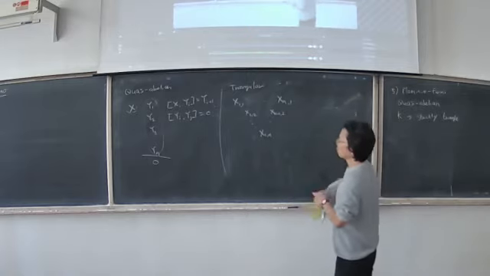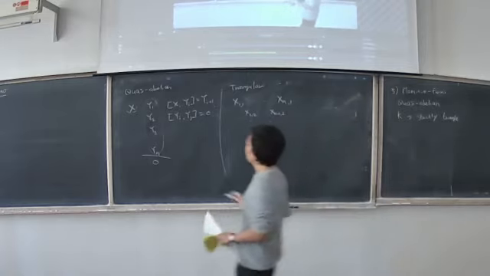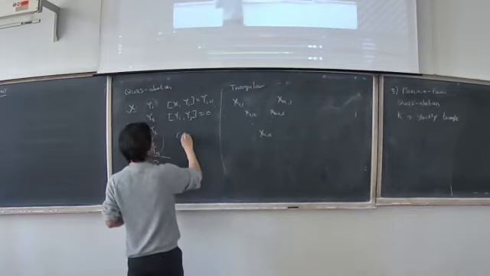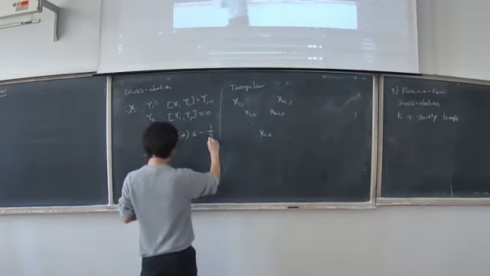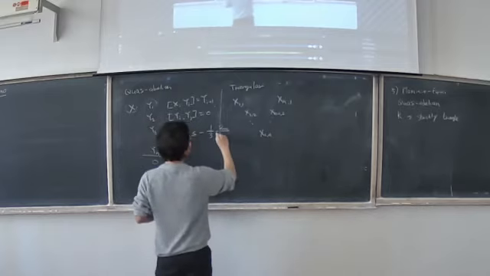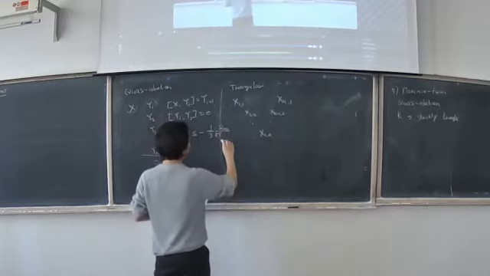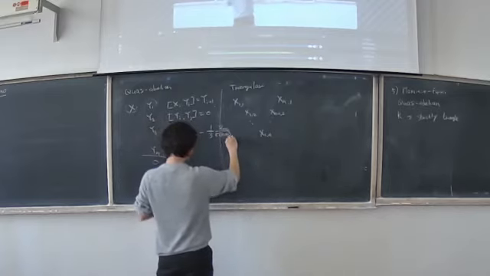So for the quasi-abelian, the exponent is 2 over k times this one.